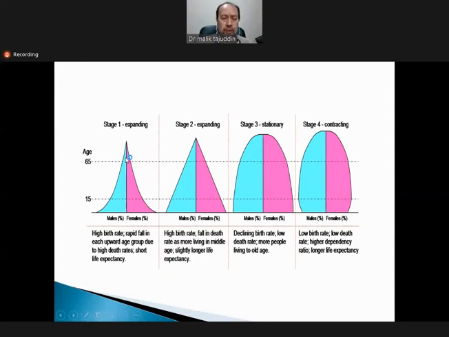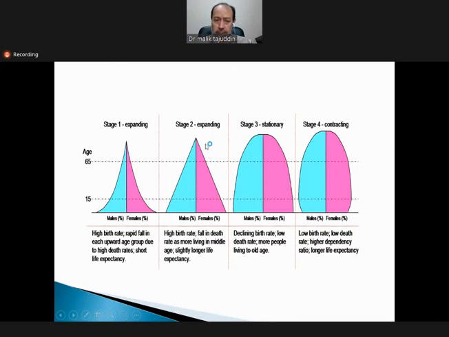But in the second stage, the birth rate is high and the death rate is decreased. Due to the advancement of science, health, and medicine, the death rates have decreased, but there is no decline in the birth rate. Then the population pyramid of that country will be like this: the concavity will be lost, and more people will be born, but the same number of people will not die.